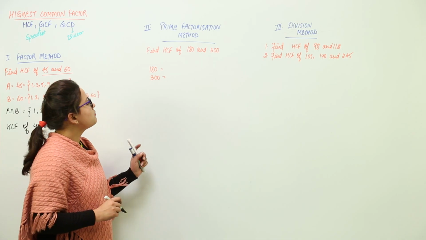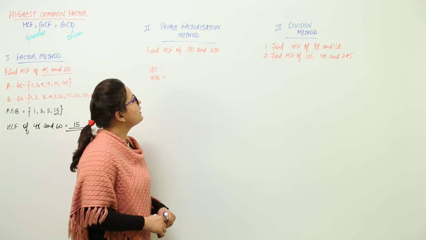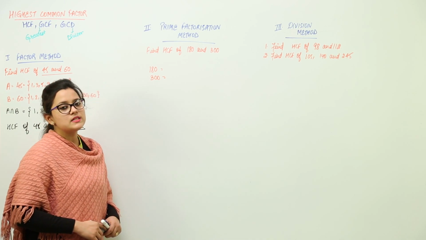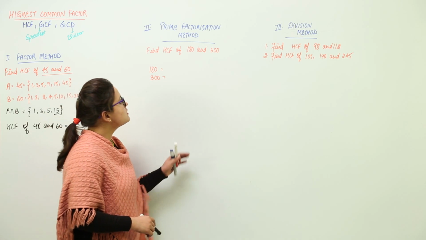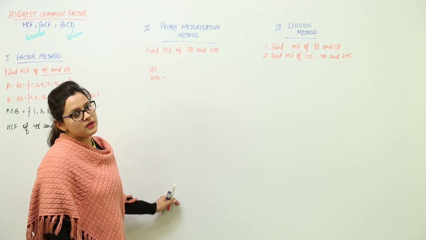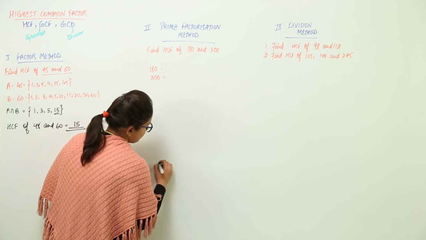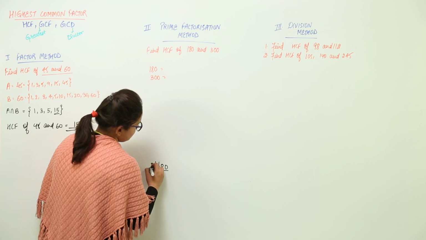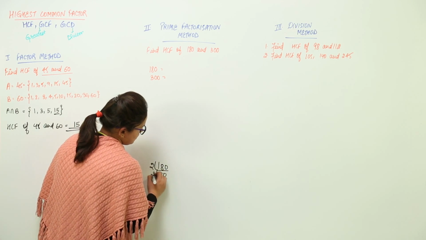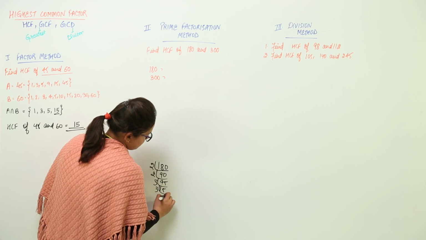Moving to the next method, we have the prime factorization method. Here we have to find out the HCF of 180 and 300. For this method, all we have to do is the prime factorization of both the numbers. So we will write the factors of both, 180 and 300. 2 nines are 18, 2, 45, 3, 15, 3, 5.